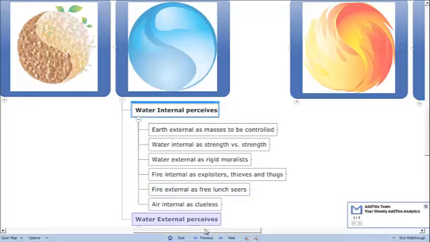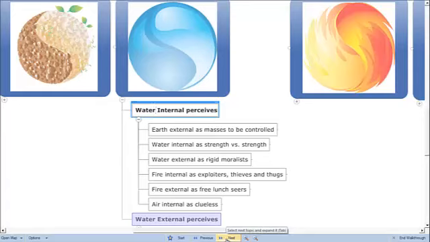So, water internal perceives earth external as masses that need to be controlled. It perceives water internal, at the same level as itself, as strength versus strength. It perceives water external as rigid moralists. It perceives fire internal, that level of really entrepreneurialism, as exploiters, thieves, and thugs.